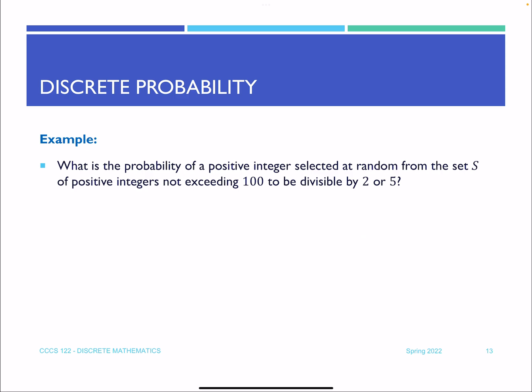An example. What is the probability of a positive integer selected at random from the set S of positive integers not exceeding 100 being divisible by 2 or 5?